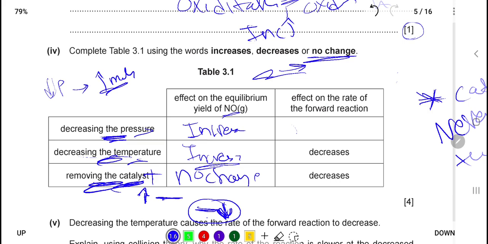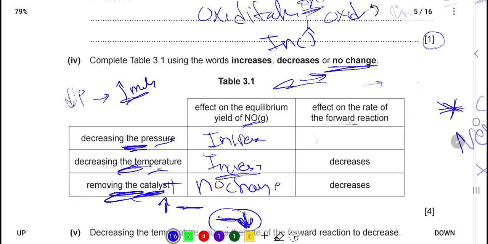Now coming to the effect on the rate of forward reaction. The forward reaction is where products are formed. When you're talking about the rate, we're not talking about the equilibrium, just general knowledge. Whenever you're decreasing the pressure, there will be fewer particles in the same space, so the rate decreases.